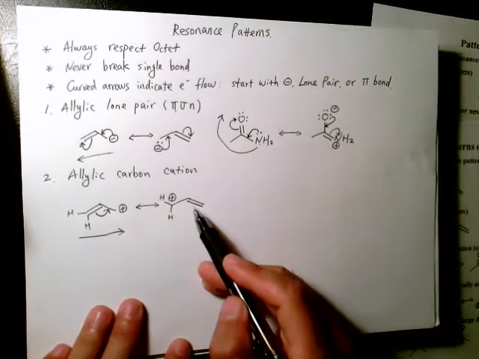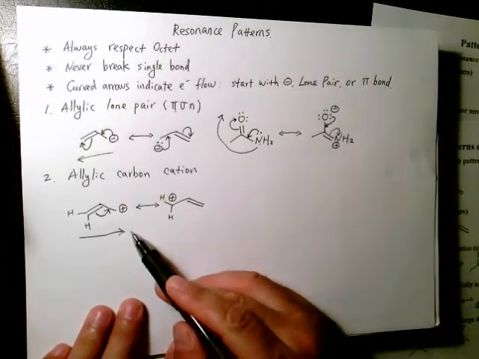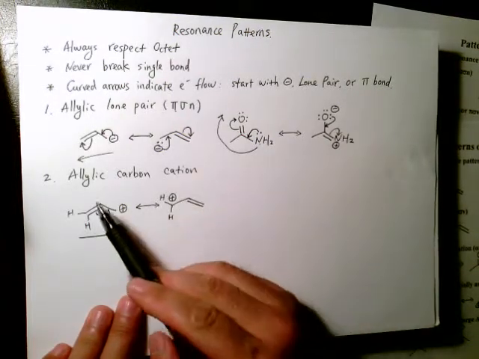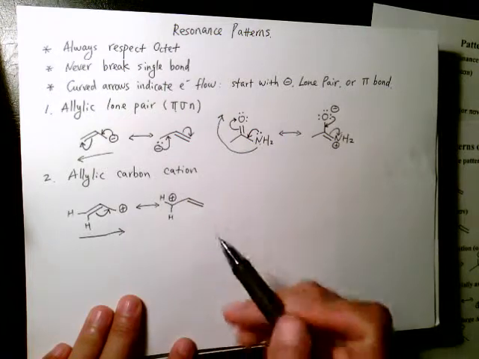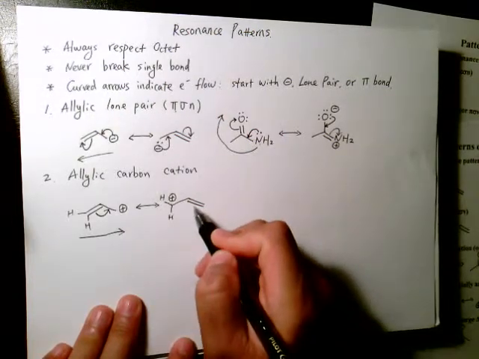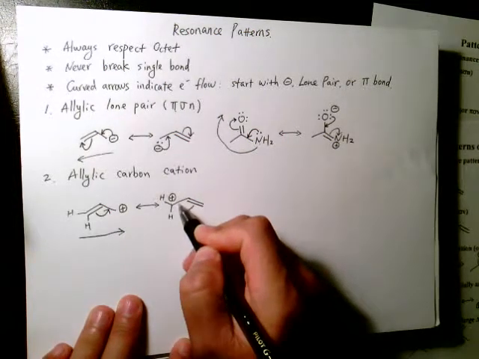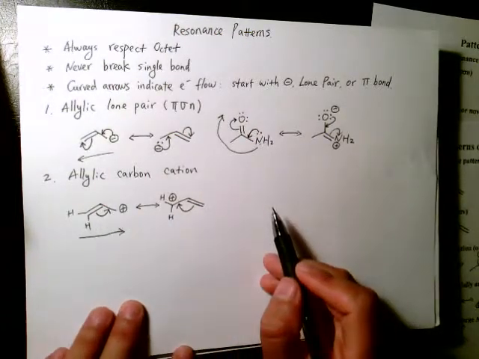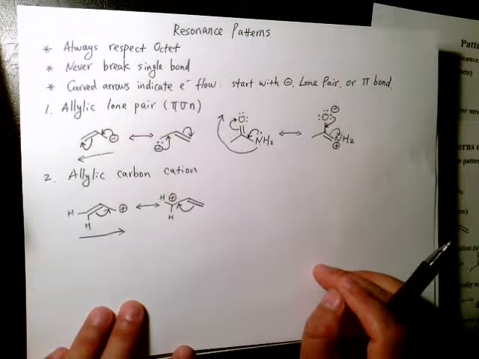This one can go back as well, or we can call it reverse. So the reverse step is also an allylic carbon cation. This pi bond will break, and then it will go to the nearby bond, and basically it will go back. So that is our allylic carbon cation pattern.